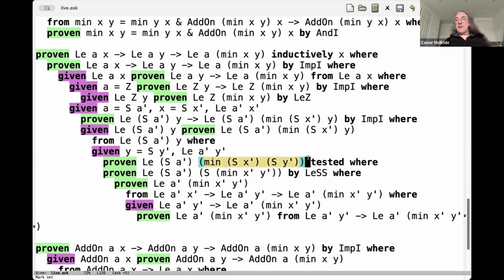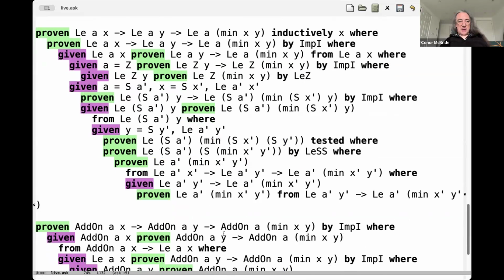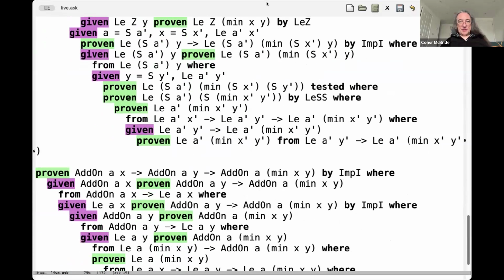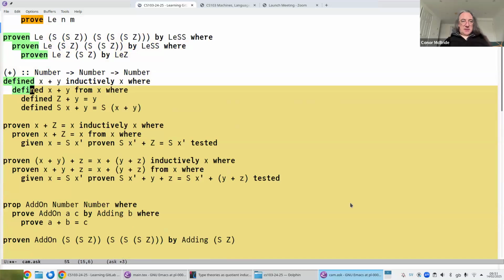I knew that going from less than would fit with the way less than gets proven. But yeah, I'm trying to remember what was the proof we had. Maybe I'll not look at it right now. Maybe I'll stop sharing and let Fred talk about multiplication, and then I'll go and look at yesterday's.